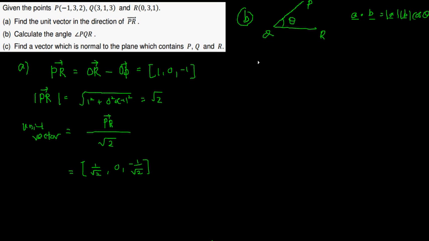So here we need to find QP, and we must use Q as a start point for both vectors. Using the same method we used in part A just now, you should be able to show that QP is this value, and also QR as a vector is -3, 2, -2. Note that because you are looking for the angle, you need to use Q as a starting point for both vectors.